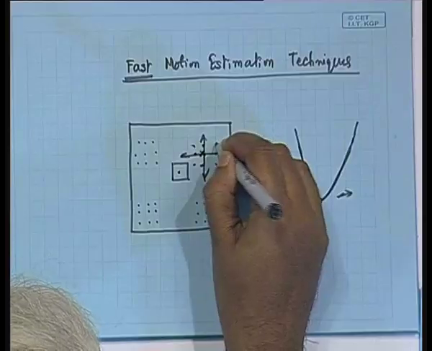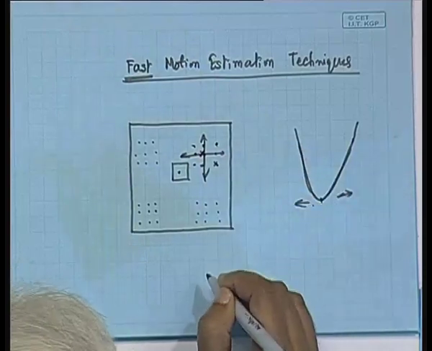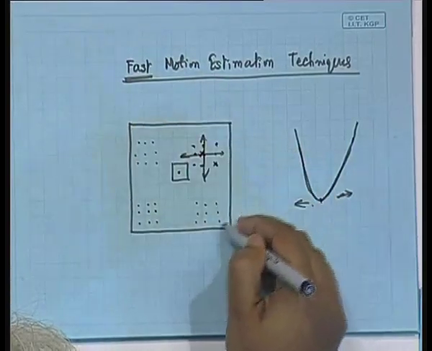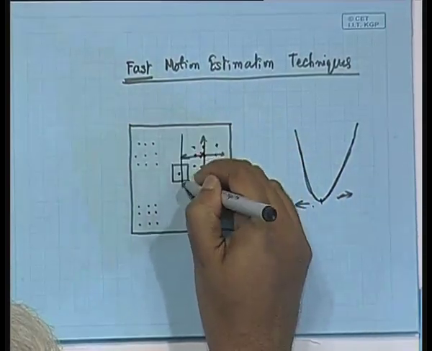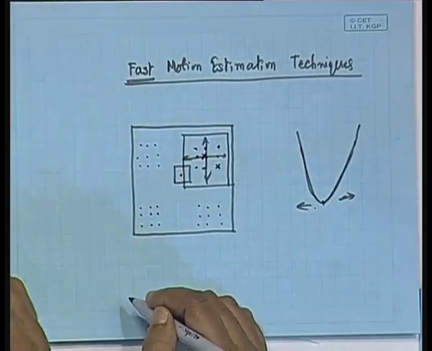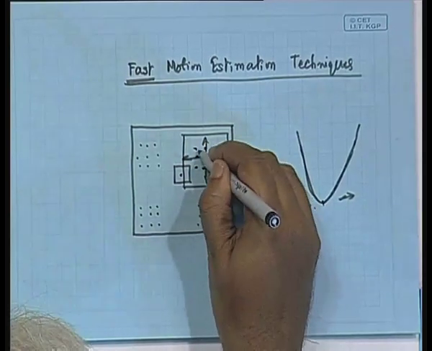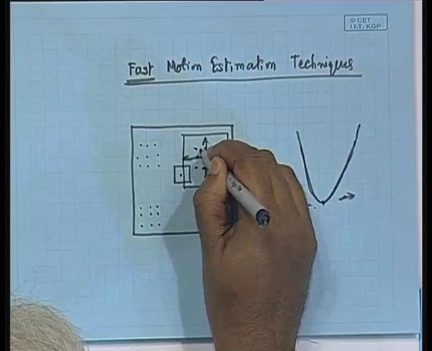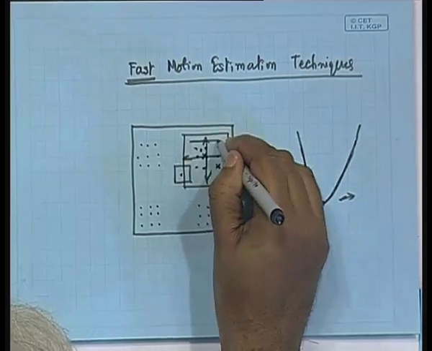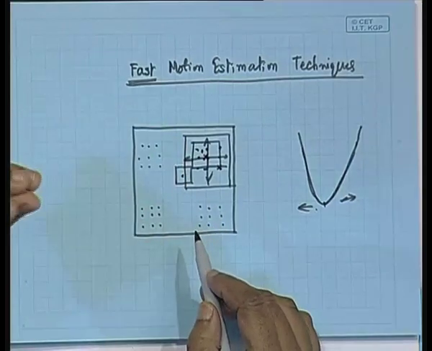Once you find that your tentative minimum is obtained somewhere over here, then you do not have to search over this entire range. You reduce your search range, perhaps you search in this position. If you then find that your minimum happens to be here, you reduce your search range further until you can come to the specific point of minimum.